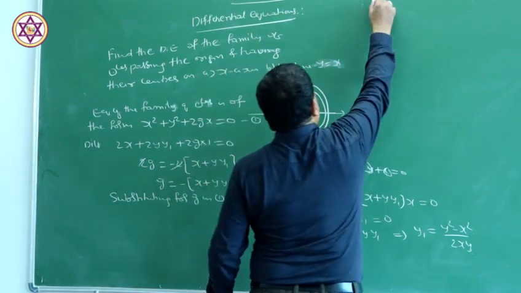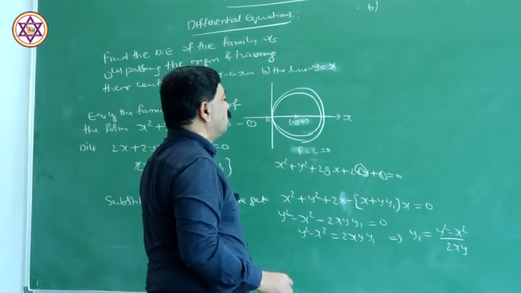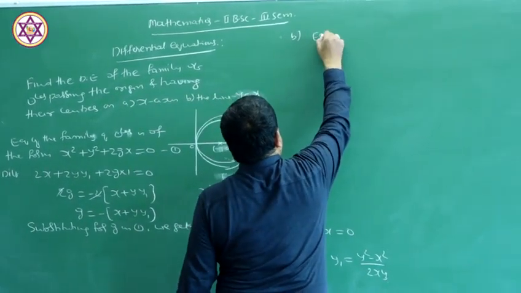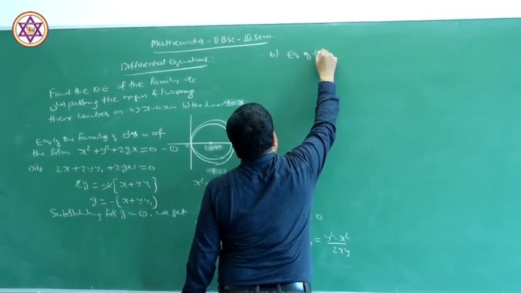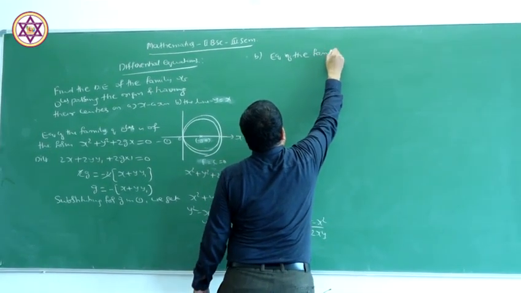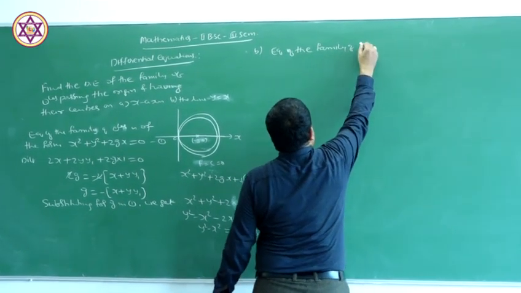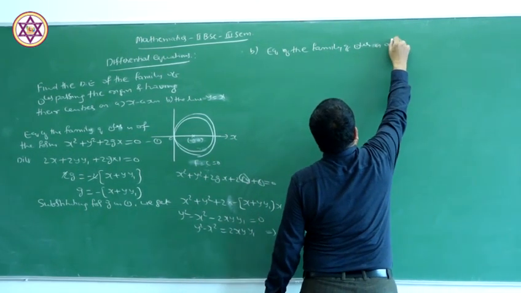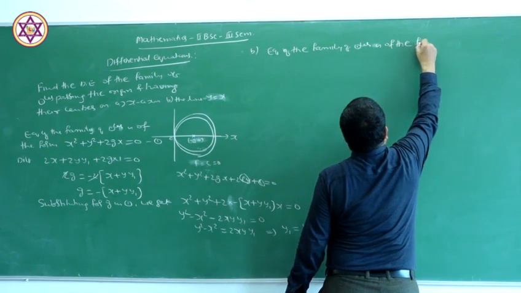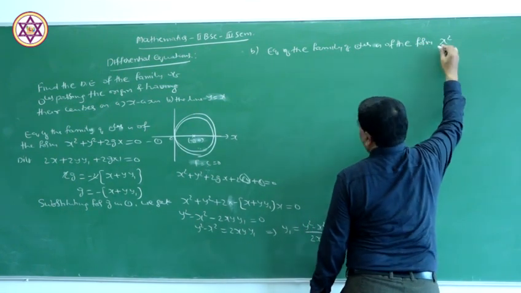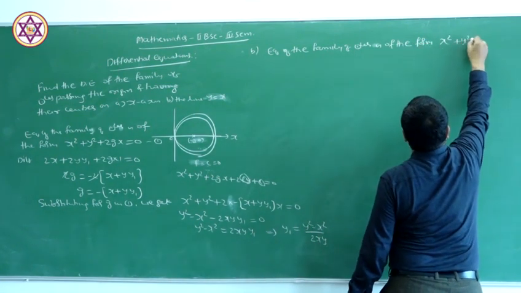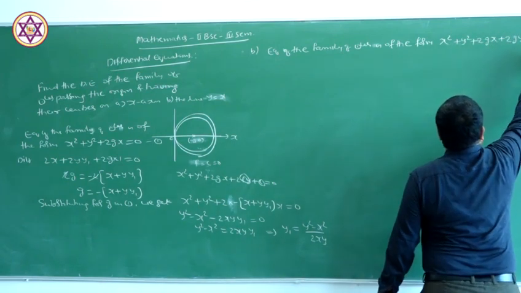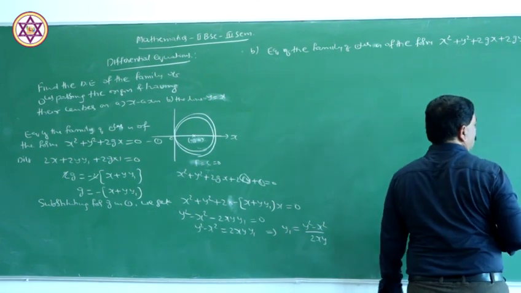Part 2, the line y is equal to x. Next, the equation of the family of circles is of the form x square plus y square plus 2gx plus 2gy is equal to 0.